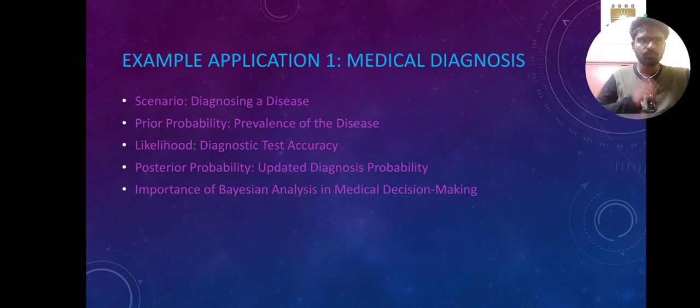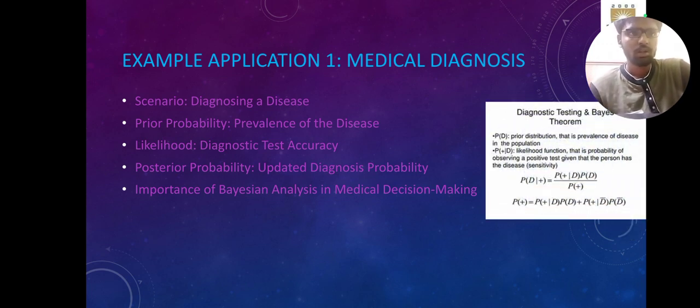The World Health Organization had to estimate the probability of people who are diseased, that is, the prevalence. So here: prior probability, prevalence of disease; likelihood, diagnostic test accuracy; update, diagnosis probability; importance of Bayesian analysis in medical decision making.